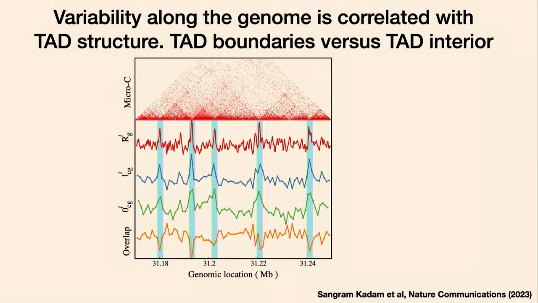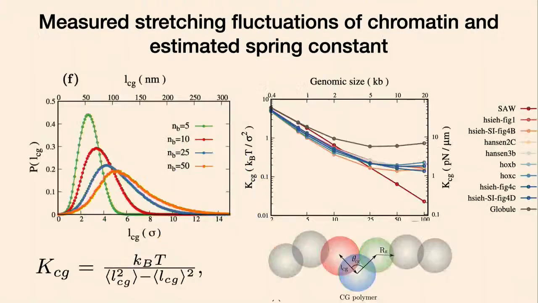So this is many of these things as a function of genomic location, and you can see that at the TAD boundaries they have a different behavior, and in the interior of the TAD they have a different behavior. So this has a connection with the TAD structure. Now we can get, as you said, the distance between two nearby beads and their fluctuation, and that will give us the spring constant.